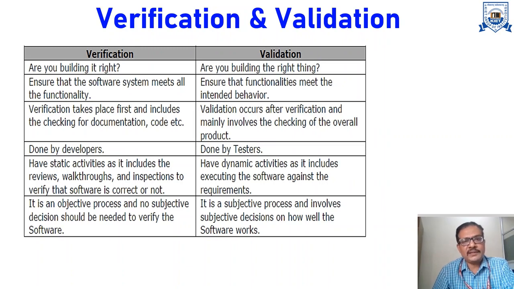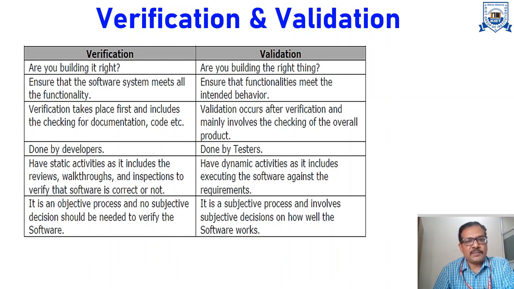If we look at the differentiation of verification and validation, in verification we can say, are you building it right? And in validation we are saying, are you building the right thing? Verification ensures that the software system meets all the functionality, and validation ensures that the functionalities meet the intended behavior.